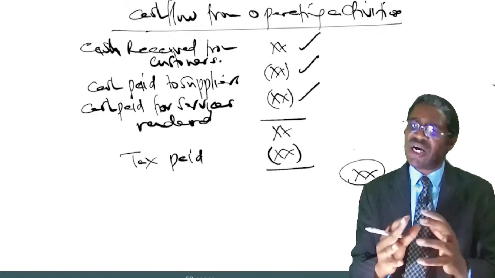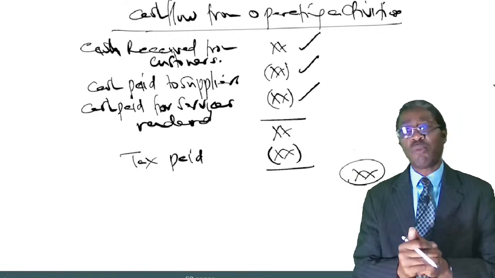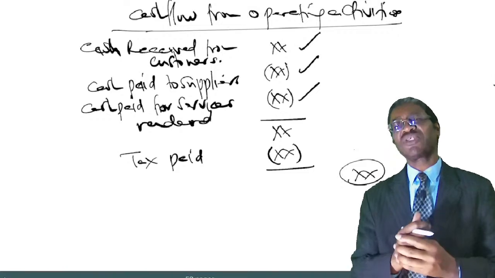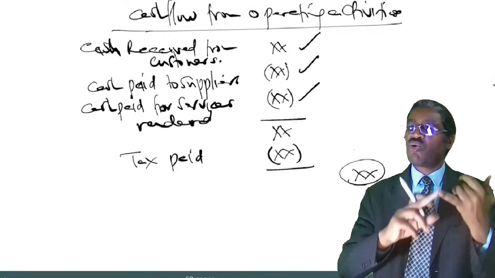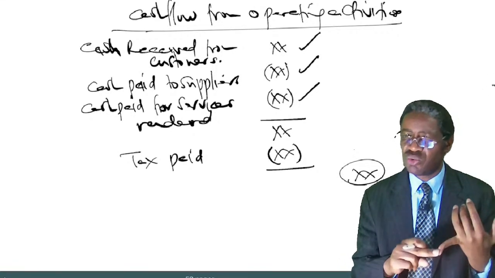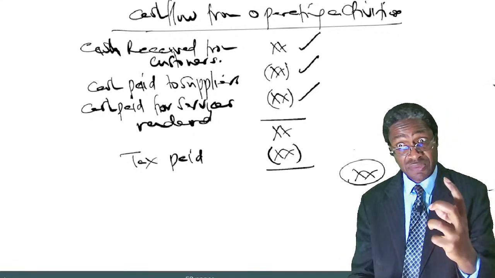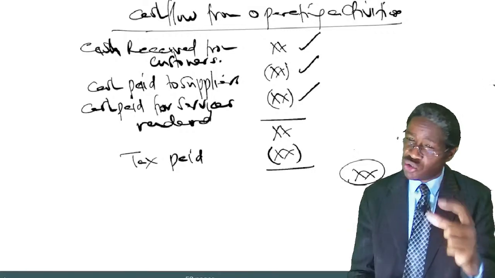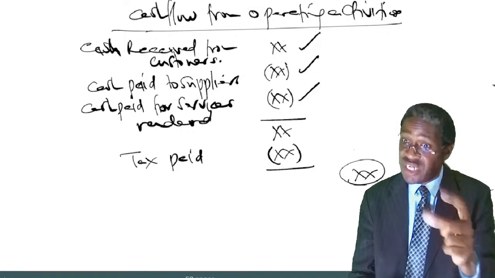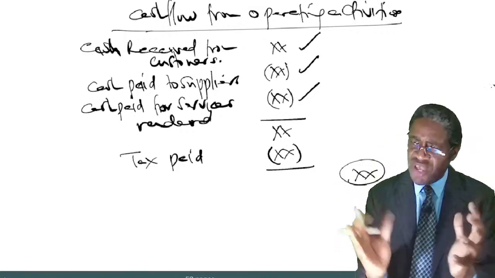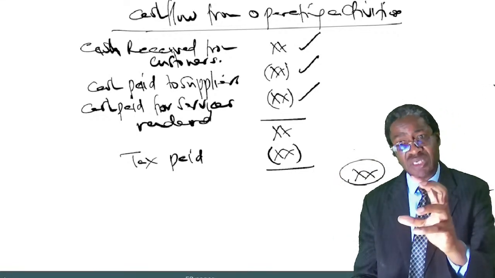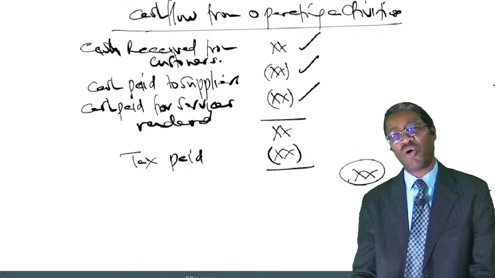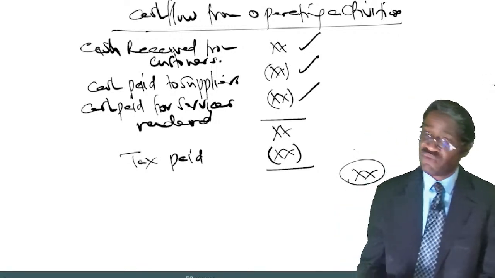From all your customers as a company, how much did you receive? There could be customers you sold goods to on cash basis, and there could be customers you sold goods to on credit. From all of them, how much did you receive? That is the amount we are calling cash received from customers.